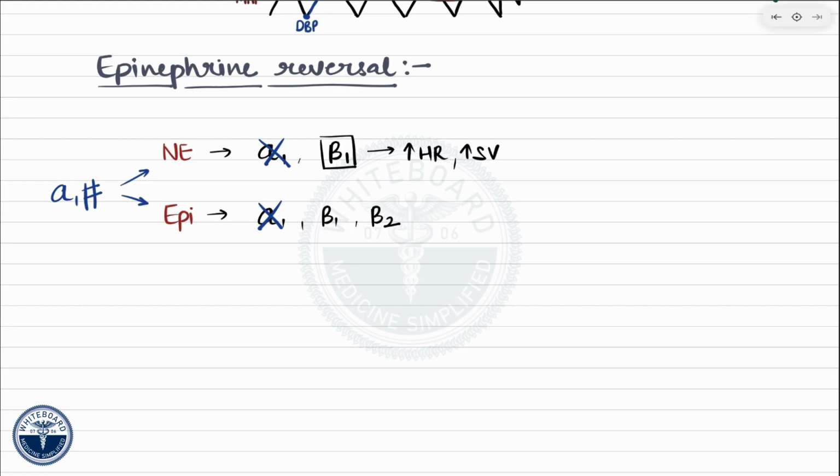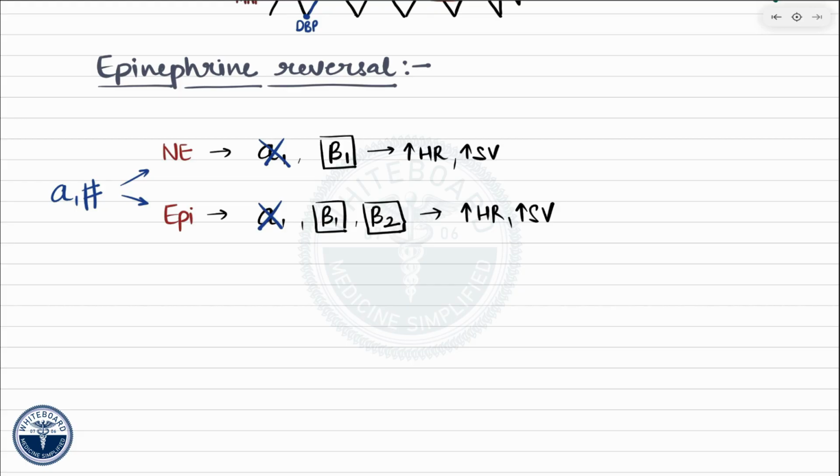Now compare that with epinephrine. When we block the alpha-1 receptors, the beta-1 effect is still there, so the heart continues to beat faster and more forcefully. But unlike norepinephrine, epinephrine still has beta-2 receptors available. And what do beta-2 receptors do? They cause vasodilation.